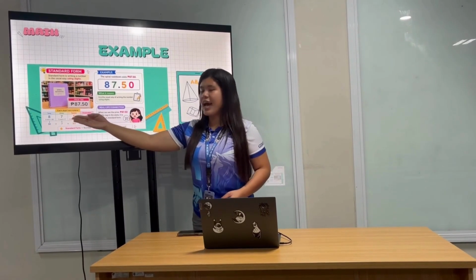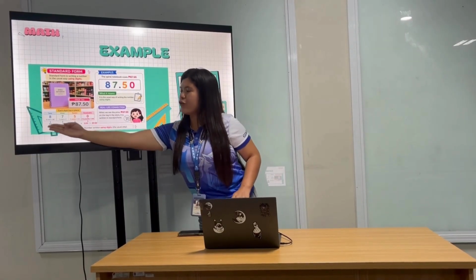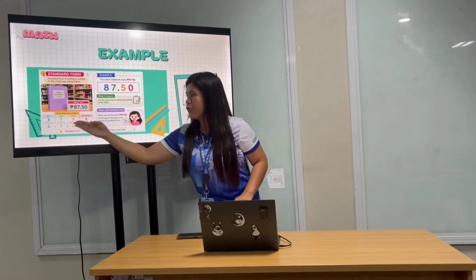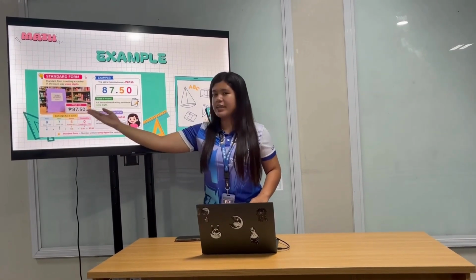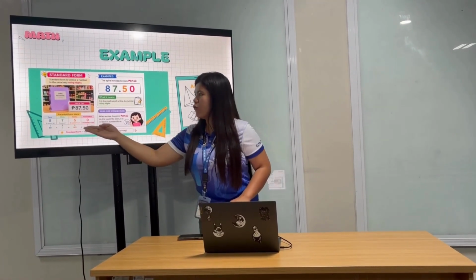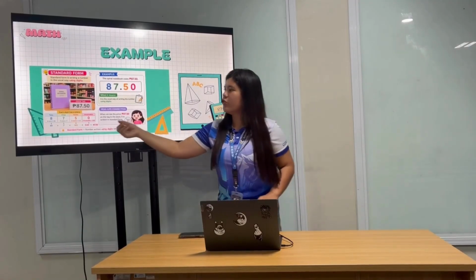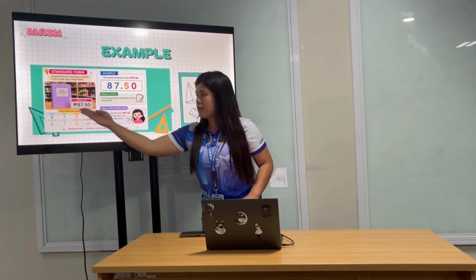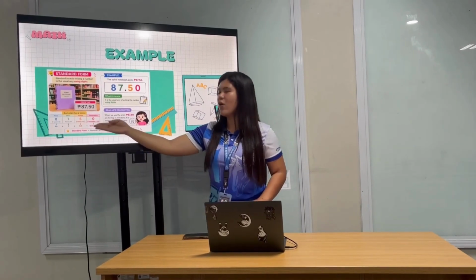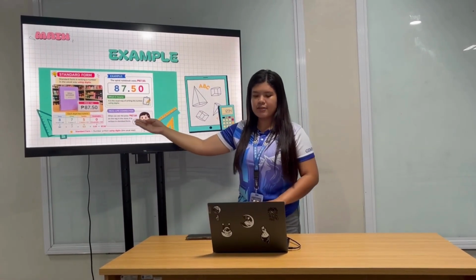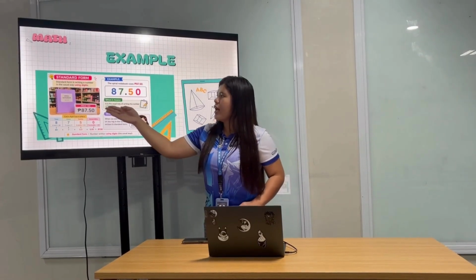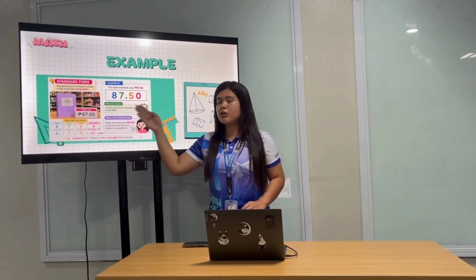Each digit has a place: 8 for tens, 7 for ones, 5 for tenths, and 0 for hundredths, since they are placed after the decimal. So it is the usual way of writing the number using digits.